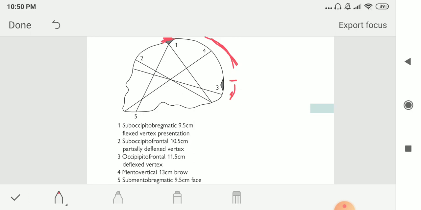Here we can also see the mandible, the mental and submental regions.